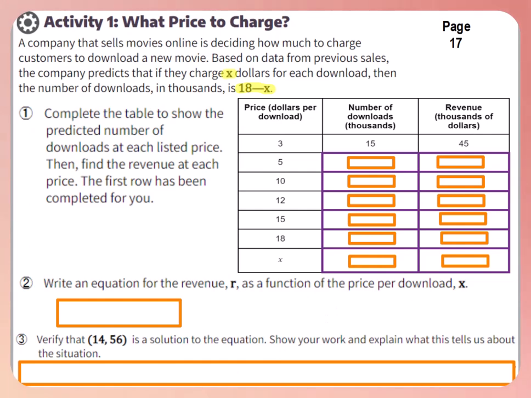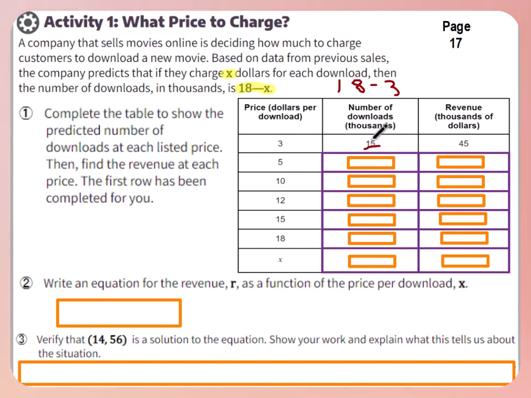Okay, now let's look at the first example. Price in dollars is 3. So we're going to substitute 3 for x. So 18 minus 3 gives us 15.